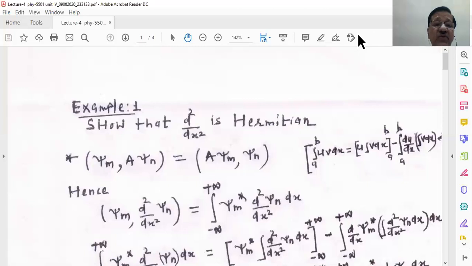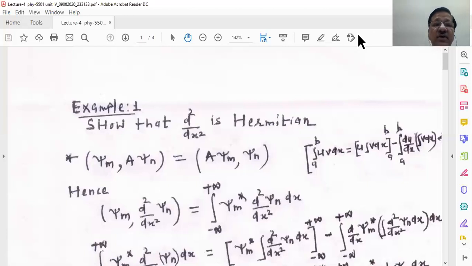Today, I would like to give you some numerical problems related to the Hermitian operator, and some problems I have selected for a commutator of two operators.